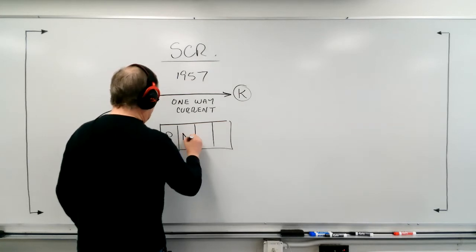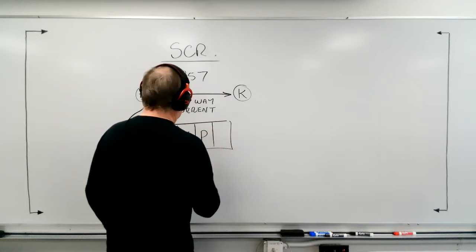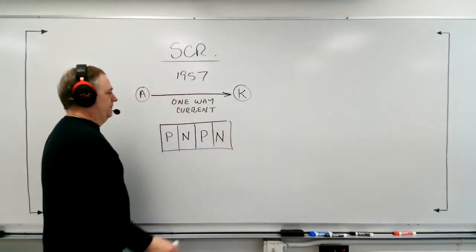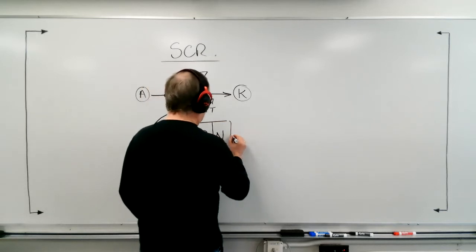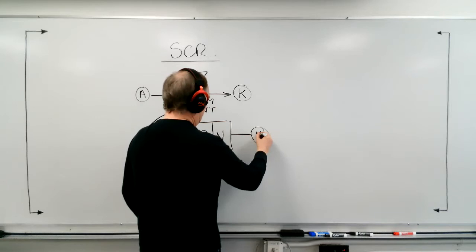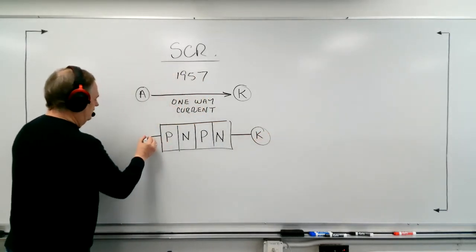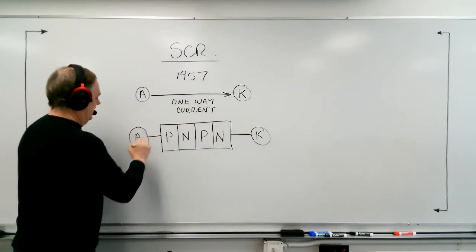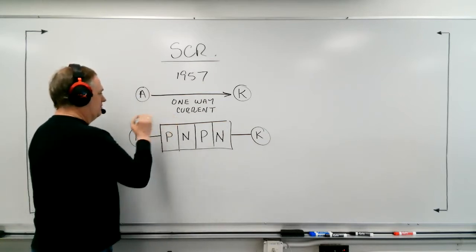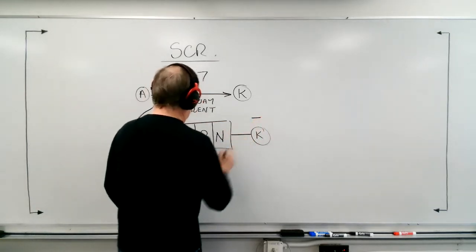Then we fuse that to an n-type layer, followed by another p-type layer, and another n-type layer. What we learned earlier is that the lead that attaches to the n-type layer should be called the cathode, and in fact it is. The lead that attaches to the p-type material should be the anode. The polarity here, in order to forward bias this, should be positive and negative.